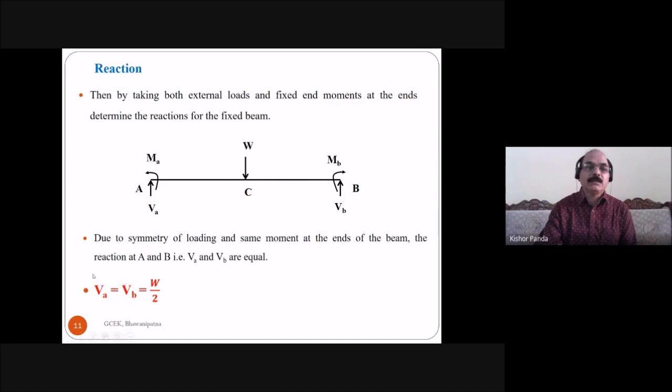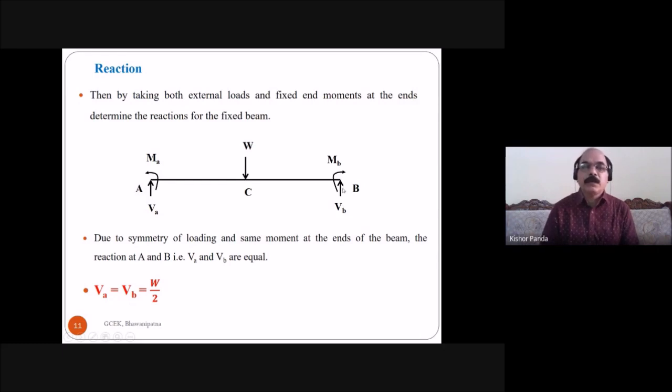After getting the reactions VA and VB as W by 2, you have to find the shear force here, the shear force just right of C, the shear force just left of C, and then the shear force at A. You have to take one convention. The right side upward forces you take negative, and the right side downward forces you take positive. This is the sign convention.